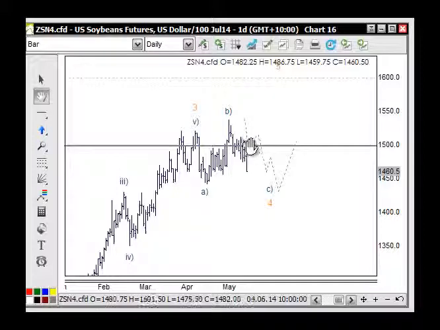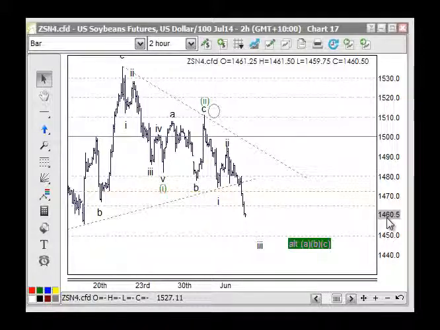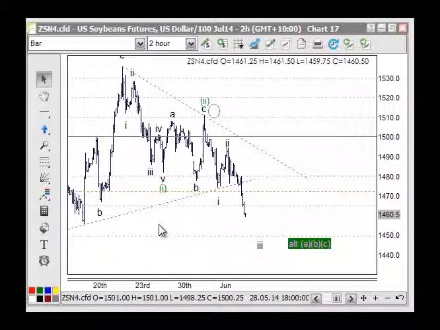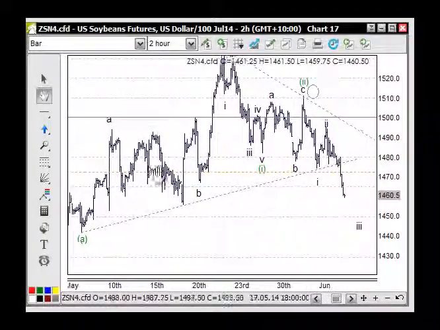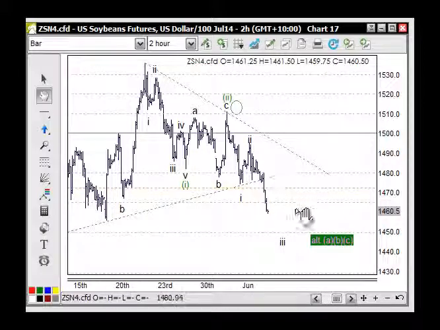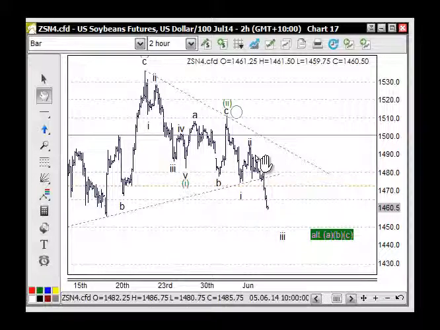Currently we're in the 3rd wave, and 3rd waves, as you may know, move swiftly, and that seems to be the case. We were a little bit concerned about the support being offered by this particular trend line through here, and also the general subgroup 2 area here, 65, 72, and the 80. But yes, it's moved through quite nicely.